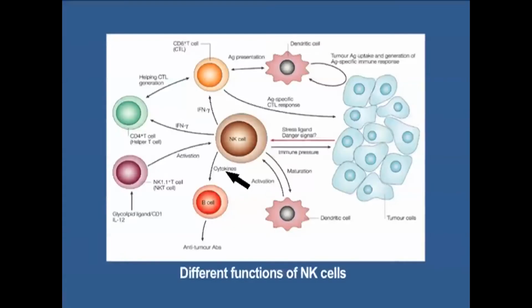They have different functions, for example production of cytokine, production of interferon, or they can activate other dendritic cells, and thereby natural killer cells will perform in two or three different ways.